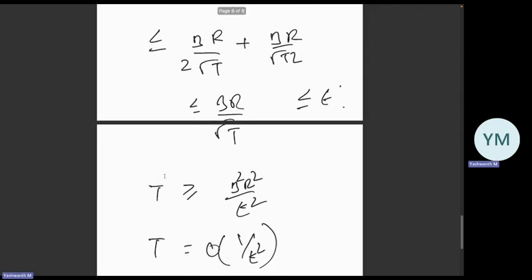That means if b and r are unity and my iterate of xt wants to be as close to f of x star, that is the difference between them to be 0.001, I need 1 by 0.001 whole square iterations at least.